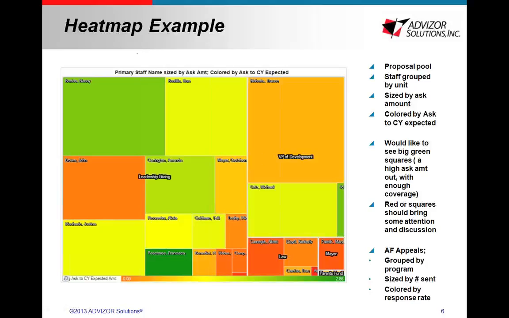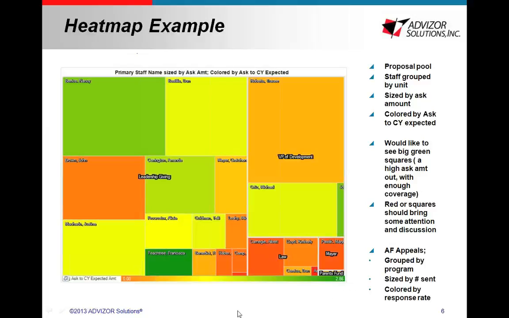Moving back to our advancement example, also in our staff performance management, and I'm going to be showing this in a short live demo too after this presentation. But we have in here our primary staff grouped into units or departments, and then the size of each box depends on the ask amount of the proposals that that person or that unit has out.